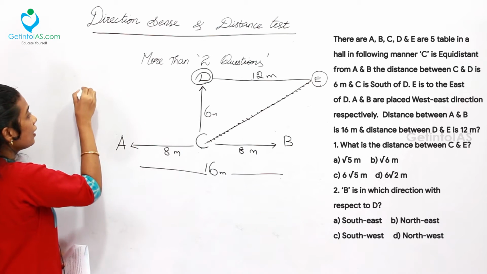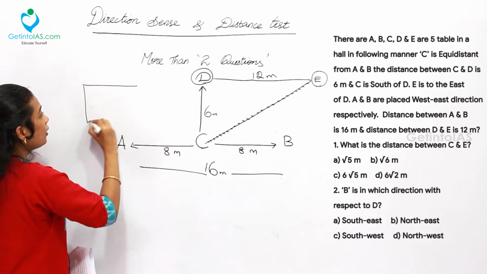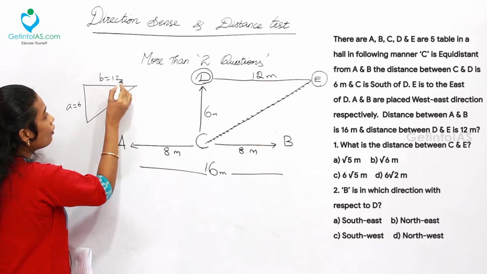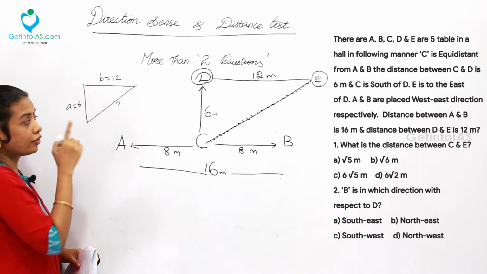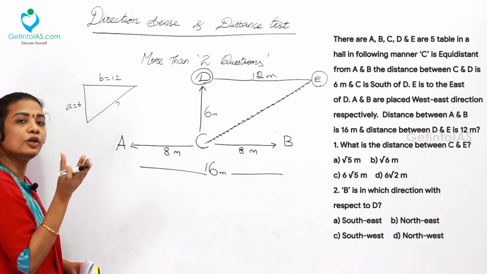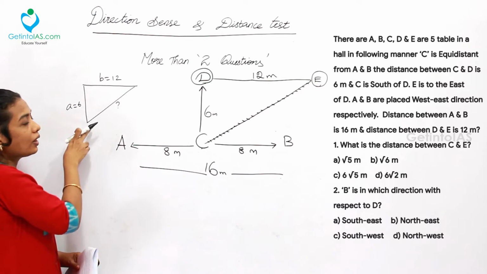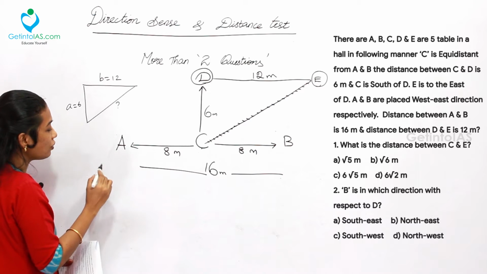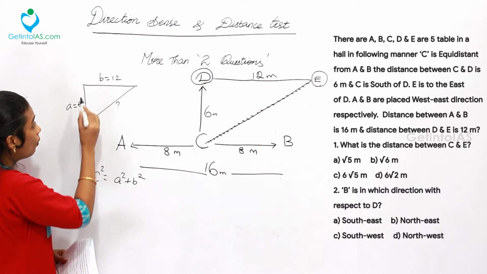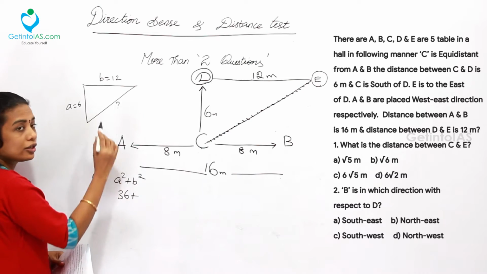Here this side A is 6 and B is 12. This is not equivalent to the triplet value, so simply you will have to go through the formula. Only by means of the formula can I get the answer. What is the formula? C square is equal to A square plus B square. What is A square? 36. What is B square?